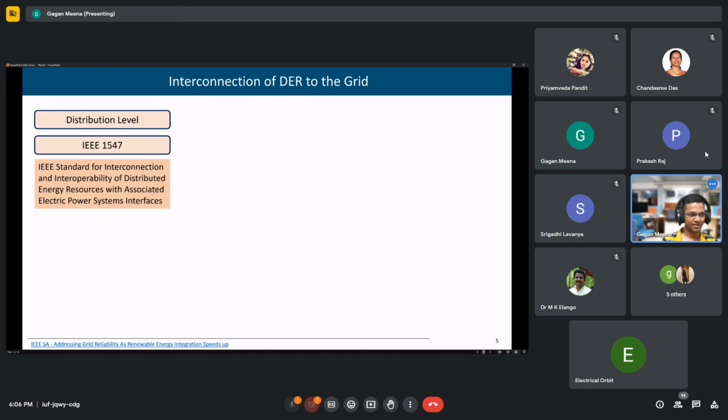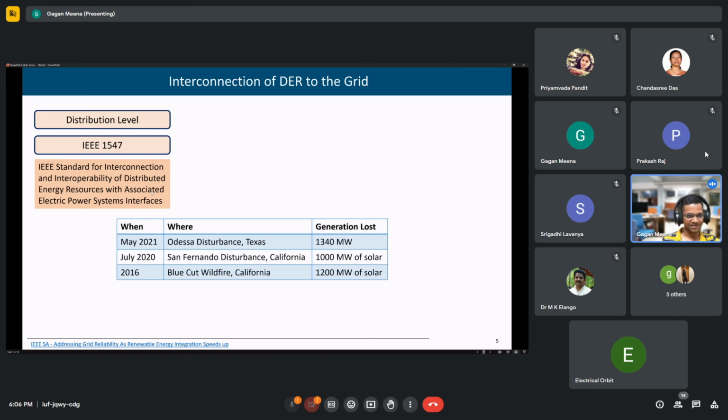However, there was no such standard for transmission system, and many utilities started using this same standard at transmission level. As a result, there were several incidents which resulted in generation loss. We can see the table here: May 21, July 20, 2016.